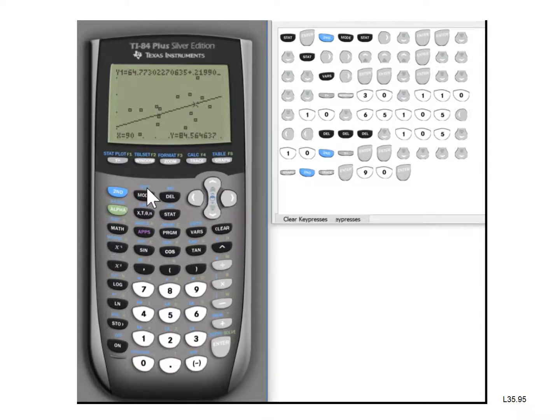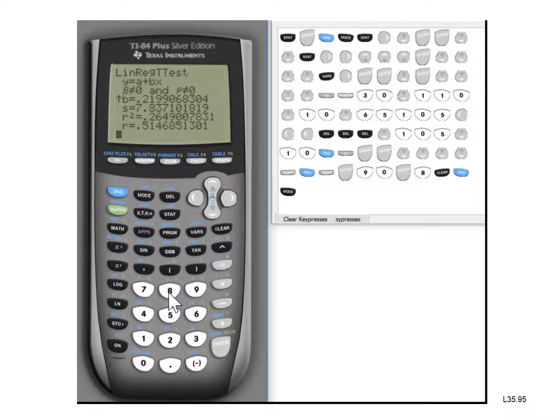Another thing that you might do, if you don't want to have to enter this Y value in over and over, 84.565 when we round up to 3 decimal places. I'm going to exit out of this. 84.564, I think is what we said. I want to store that.